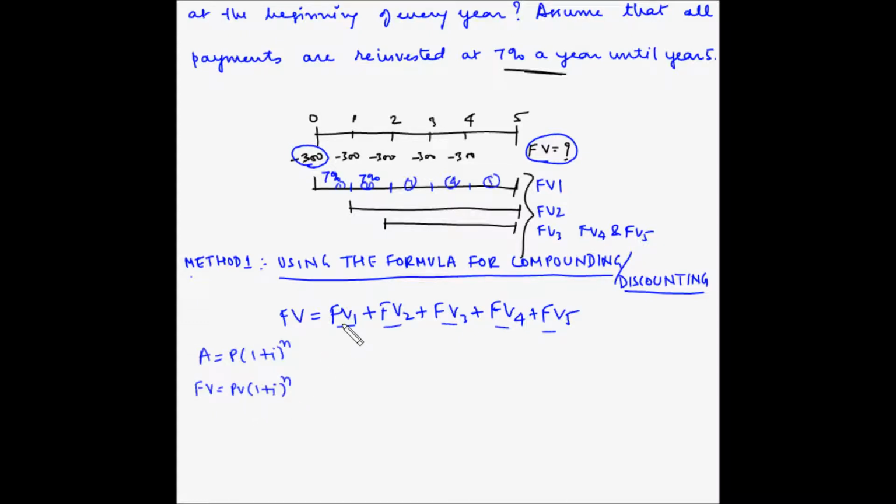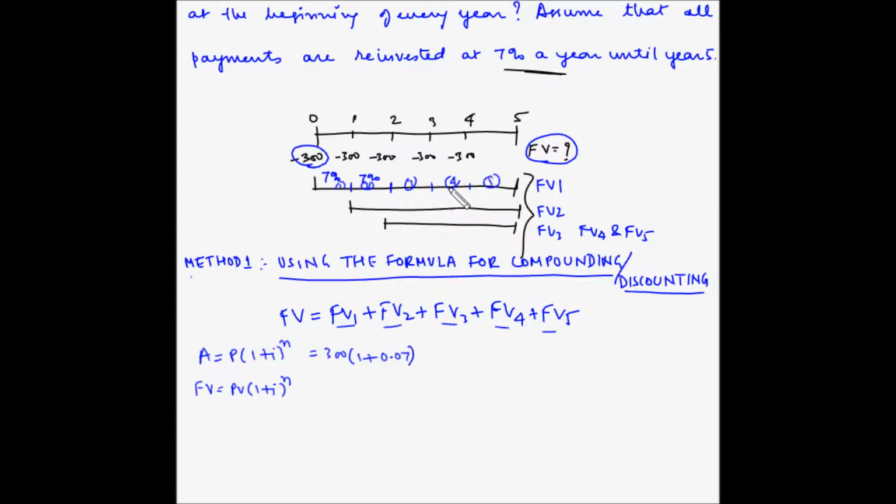So in case of FV1, the present value is this 300 rupees. So 300 into (1 plus I, which is 7% or 0.07) to the power n.